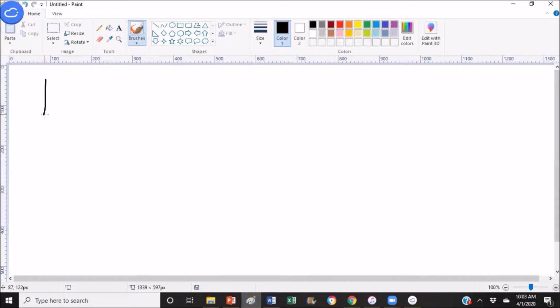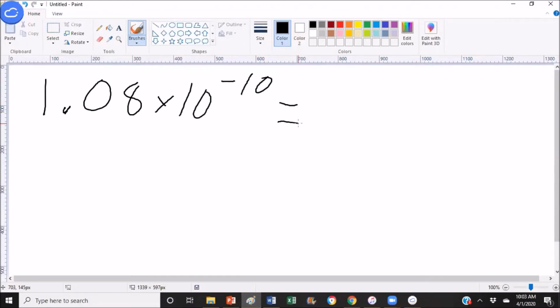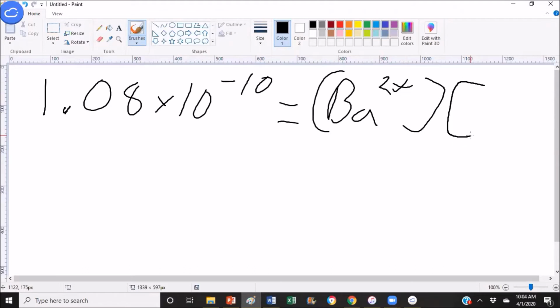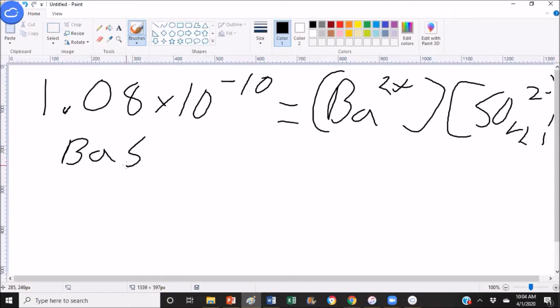So 1.08 times 10 to the negative 10th equals the products, barium and sulfate. That's our K expression. Don't forget that. We don't include the reactants because reactants are pure solids. Barium sulfate solid goes to Ba2 plus aqueous and SO4 2 minus.